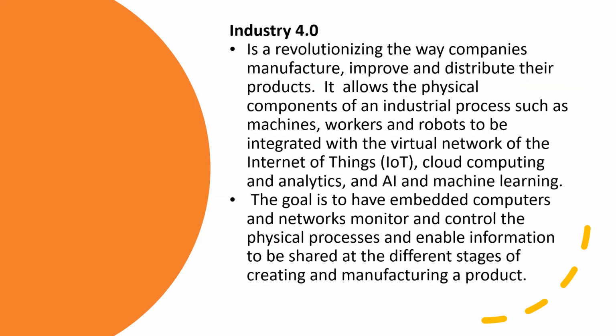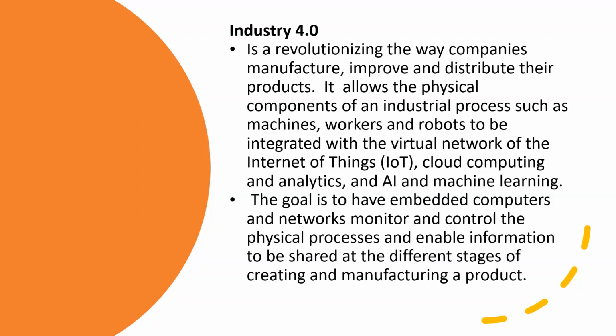And then we have Industry 4.0, which is a revolutionary way that companies currently are using to manufacture, improve, and distribute their products. This is simply a way of allowing the physical components of an industrial process, such as the machines or workers or robots, to be integrated with the virtual network of the Internet of Things. You know that the Internet of Things is a new concept, and using also cloud computing, analytics.